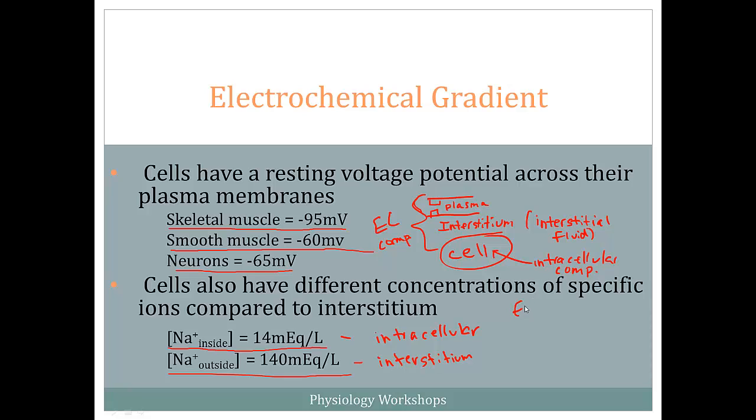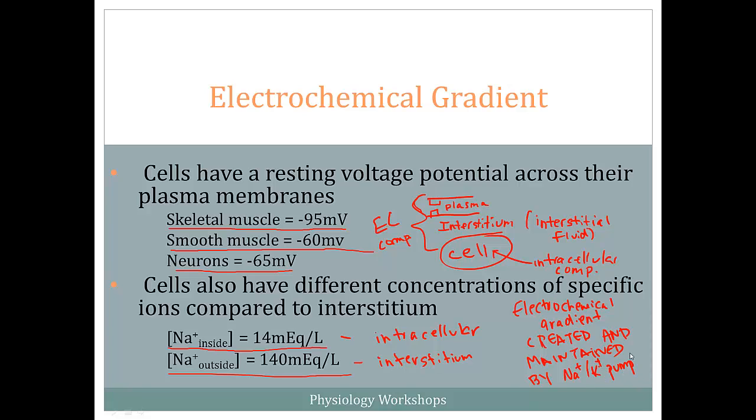So we'll say electrochemical gradient created and maintained by sodium potassium pump.